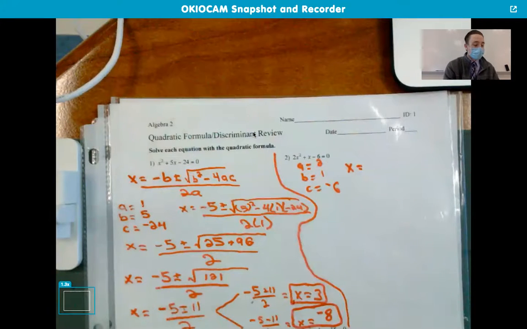What should my next line look like after I take those and plug them in? Yeah, so the next thing I have to do is take them and plug them in, right? So what should my next line be?